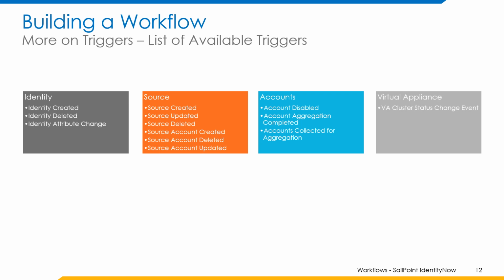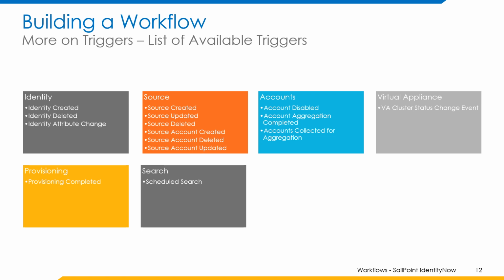Currently, IdentityNow is capable of sending email alerts for VA, but using the virtual appliance trigger, we can create some new workflows. Provision completed event trigger will initiate a workflow when a provision operation is completed.